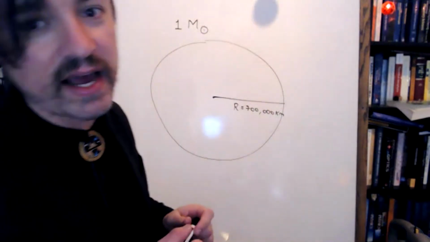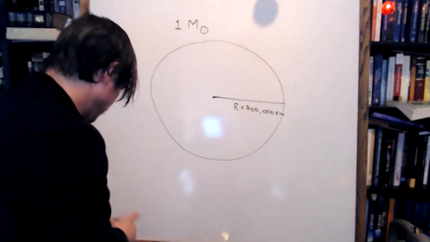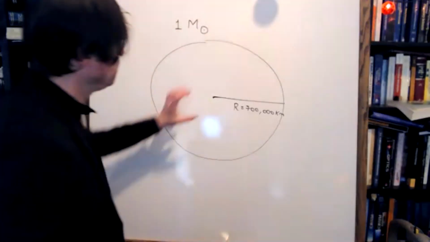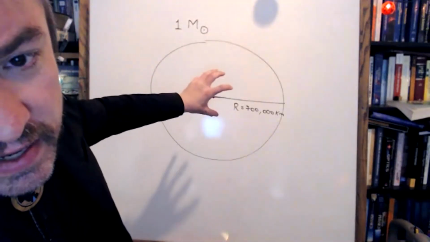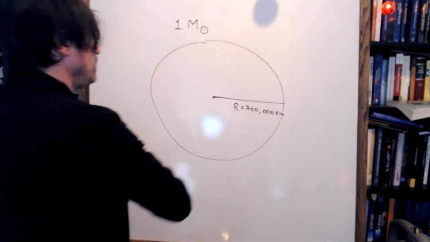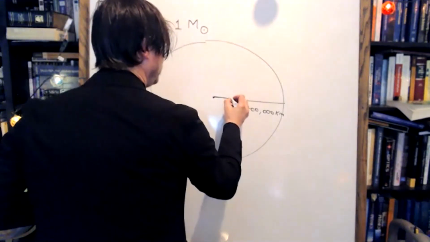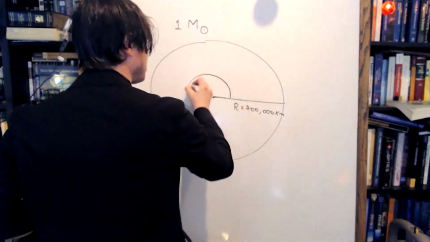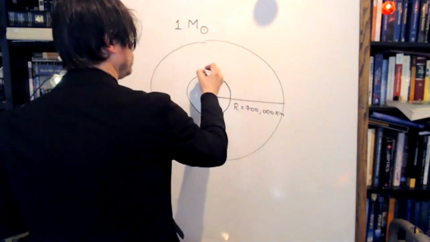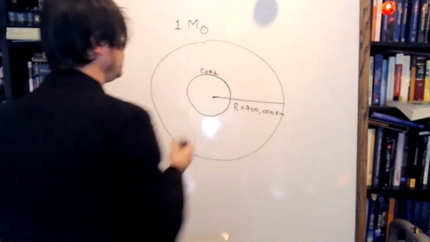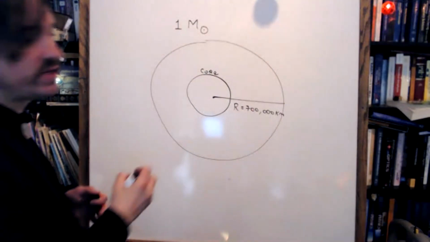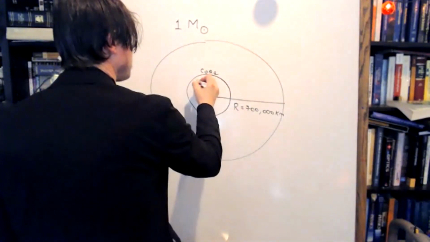I was hoping that would be an eye-opening experience for you guys. What part of the star can get its temperature up to 15 million Kelvin? Probably only the central 15 or 20%, right? So here's the core, and this is where hydrogen can fuse into helium.